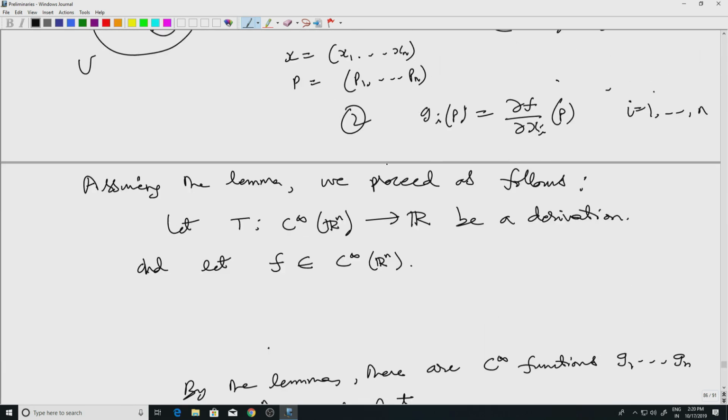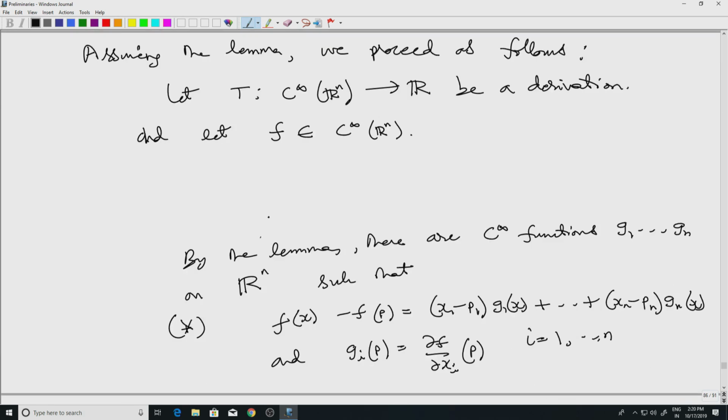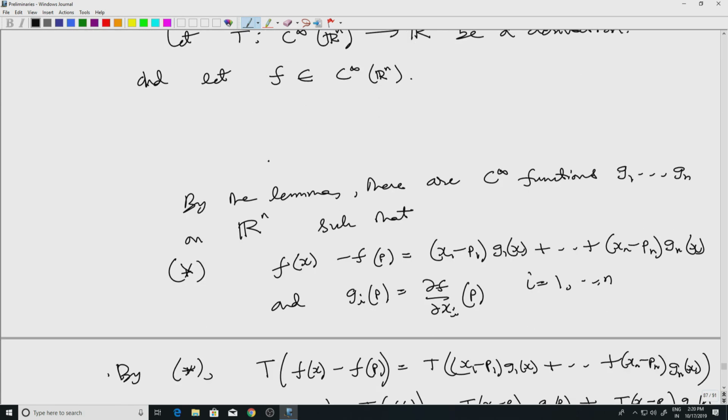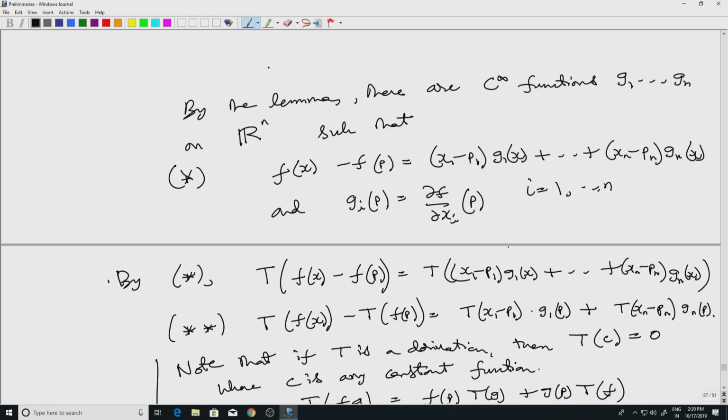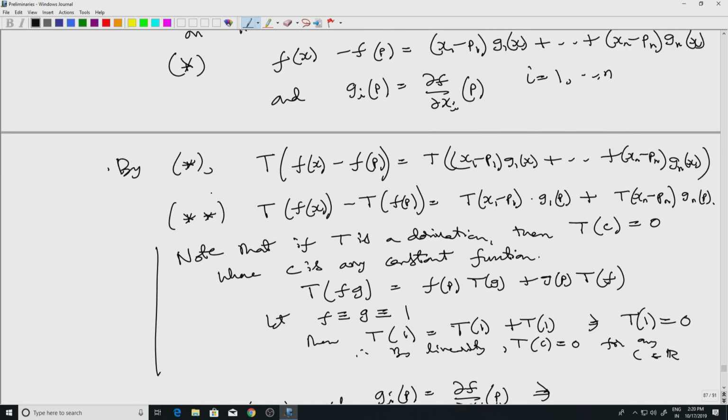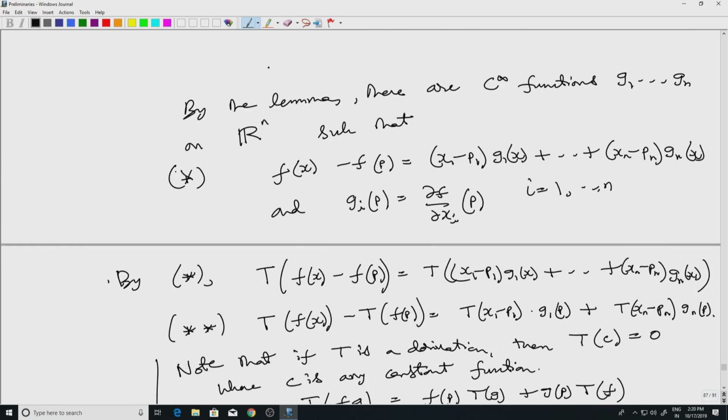We apply the lemma to this function f and we get n C infinity functions g1, g2, ..., gn on R^n such that we have this expansion and the values of the gi at p are given by this. Let's call this equation star.